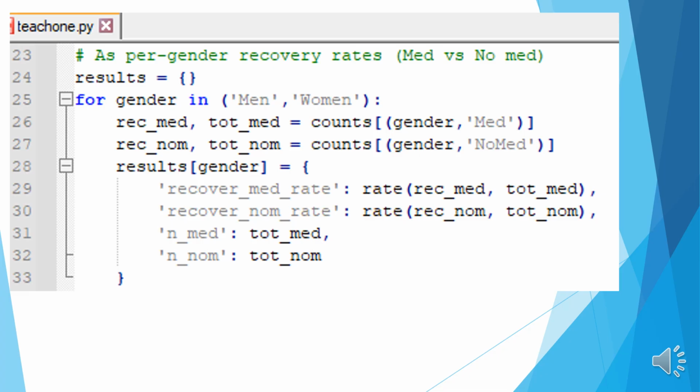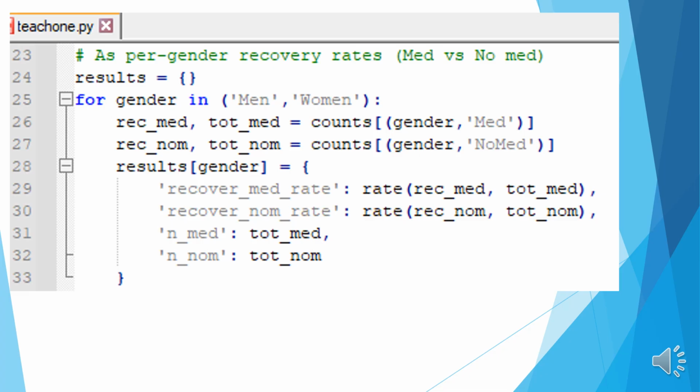This is the Python code for part D. For the results, we create an empty dictionary to store the results. The for loop goes over the men and women. Line 26 looks up the counts, that is gender and medication.